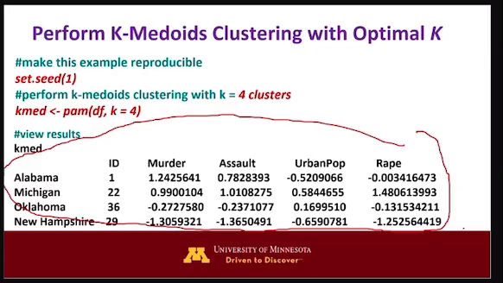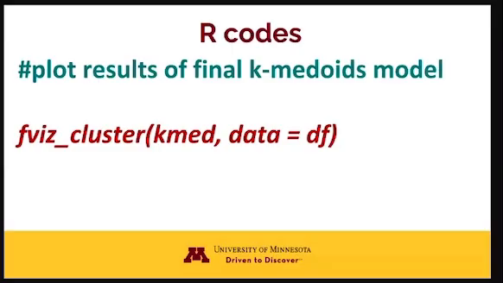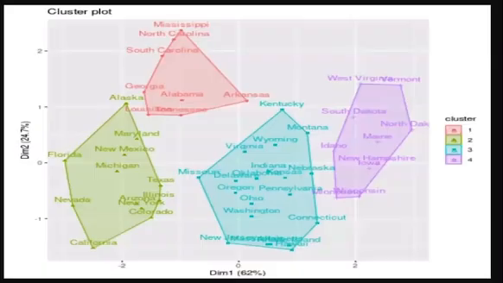Now, if you want to see the clusters, take a look at this. You're going to write our code. Don't forget, what I'm putting here is kmed. This is it, so these are the clusters that we're talking about. You can see states have already been grouped. Take a look at that.